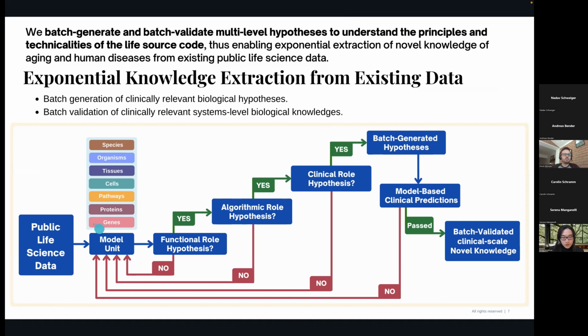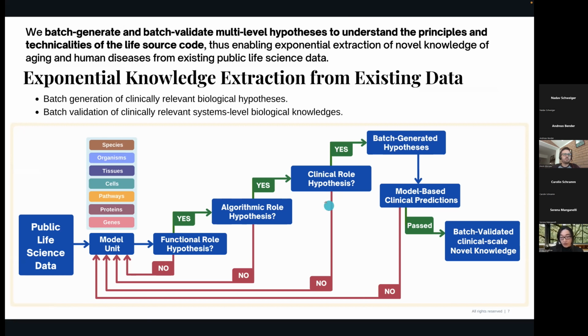So for each biological building block, we assign these three types of labels, or three types of hypotheses. That's basically the pipeline that we have developed to batch generate a large number of novel biological hypotheses that have clear clinical relevance.